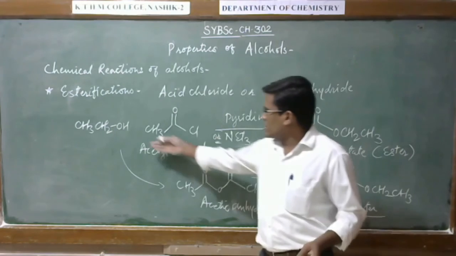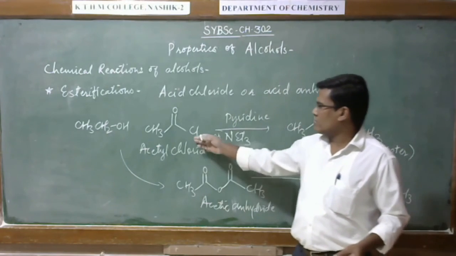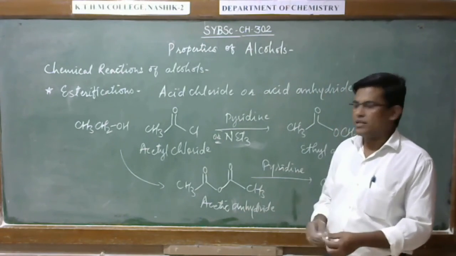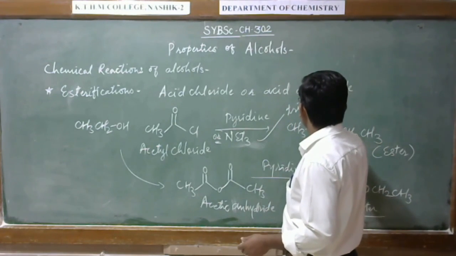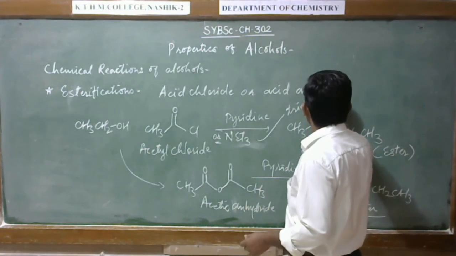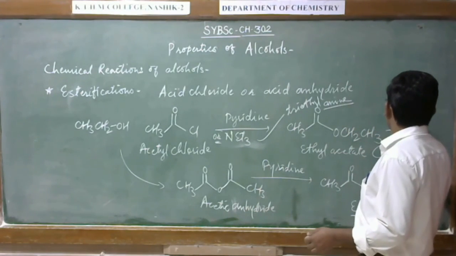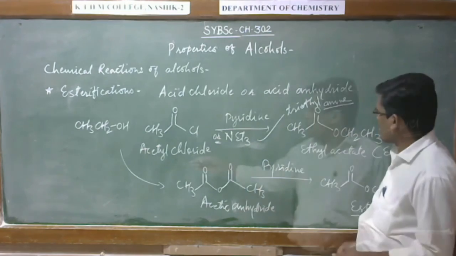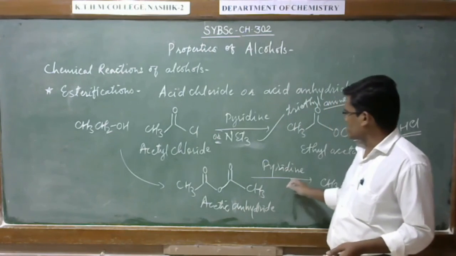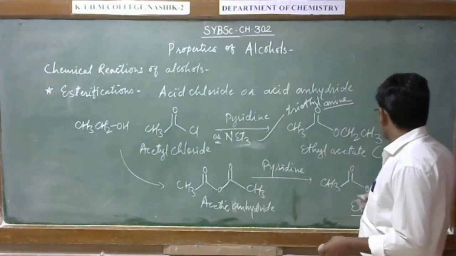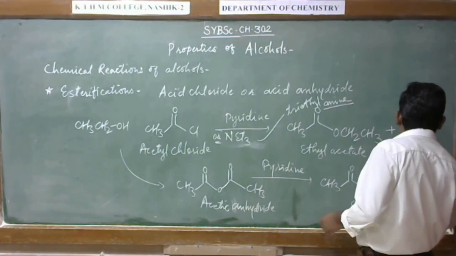In the first reaction, when ethanol reacts with acetyl chloride, this is acid chloride, in the presence of base like pyridine or triethylamine, it gives the ethyl acetate along with this acid. Similarly, when you react ethanol with acetic anhydride in the presence of pyridine, it gives the ethyl acetate along with the acetic acid.